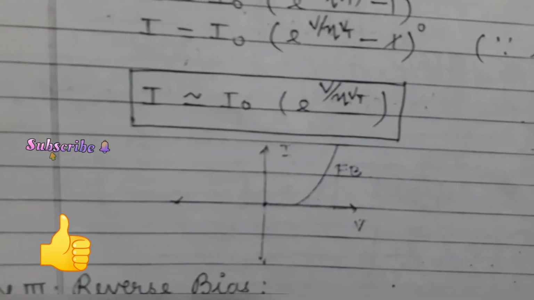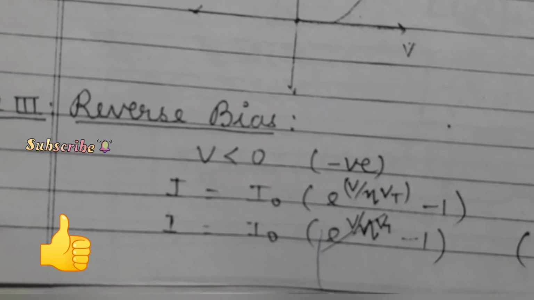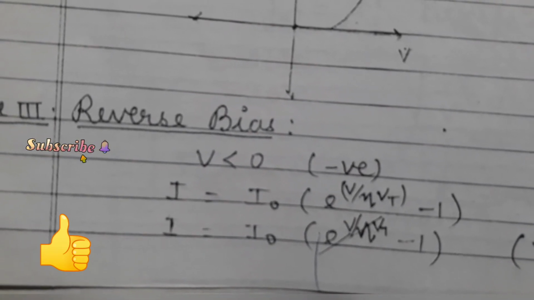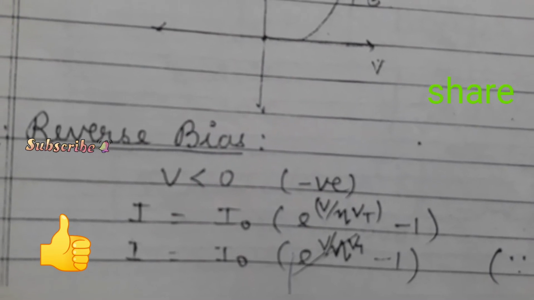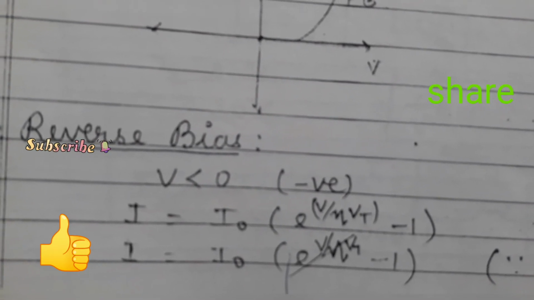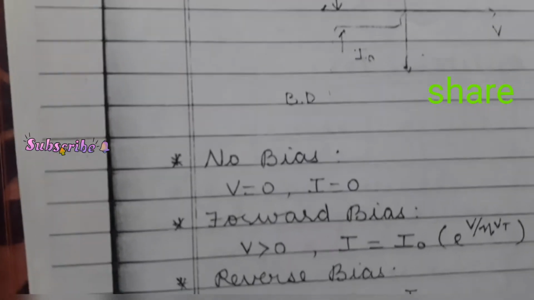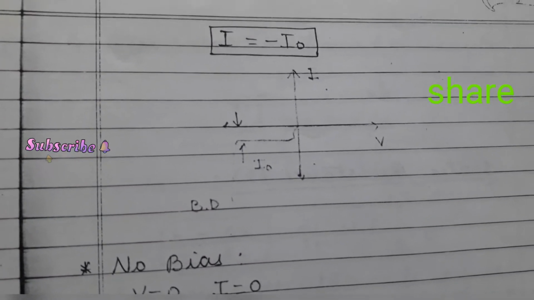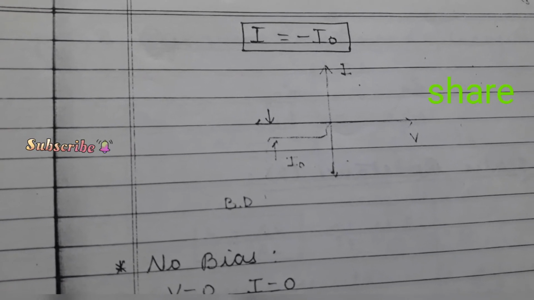Reverse bias case: V is less than 0, negative, and I equals I naught times (e to the power V by eta Vt, minus 1). Since e to a negative power is less than 1, I equals minus I naught.